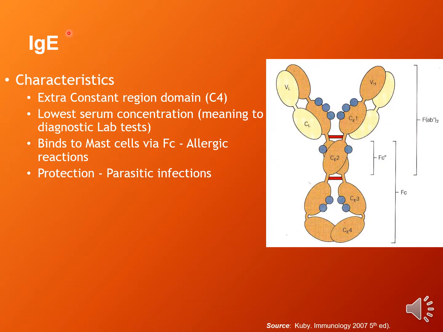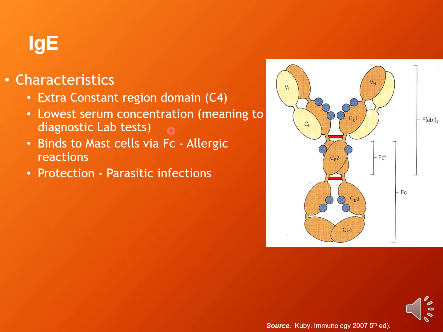IgE. Normally we start with IgG, M, A, D, and then E, but we talked about IgE after IgM. There is a reason for that. This IgE has an extra constant region, which we call the C4.